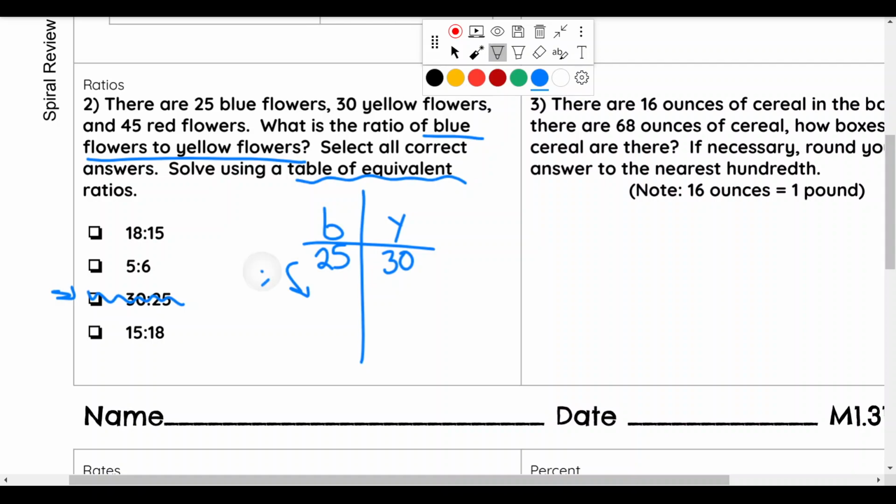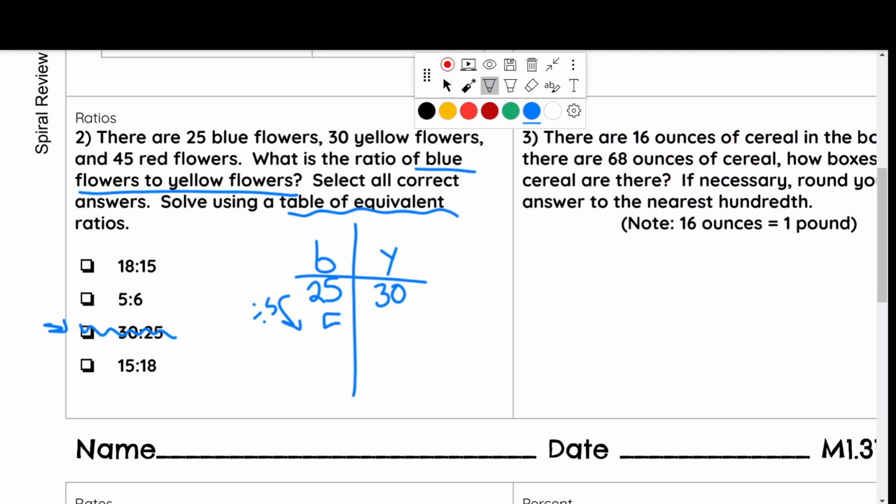Divide by 5. 25 divided by 5 is 5. 30 divided by 5 is 6. Do I have a ratio of 5 to 6? I do. 18 to 15. Again, they've got these in the wrong order. 18 to 15 is the ratio of the yellow to the blue, but 15 to 18 is the ratio of the blue to the yellow.